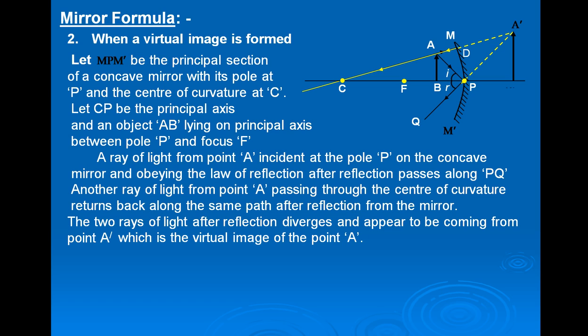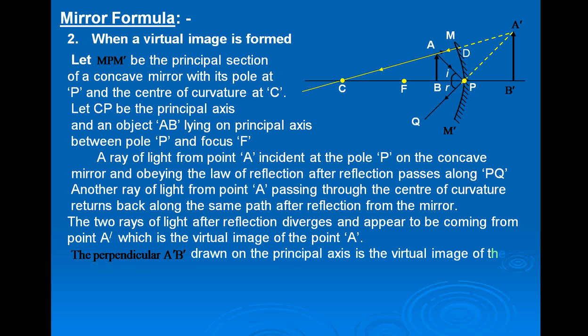From A dash, draw A dash B dash perpendicular to the principal axis. Therefore, the perpendicular A dash B dash is the virtual image of the object AB.